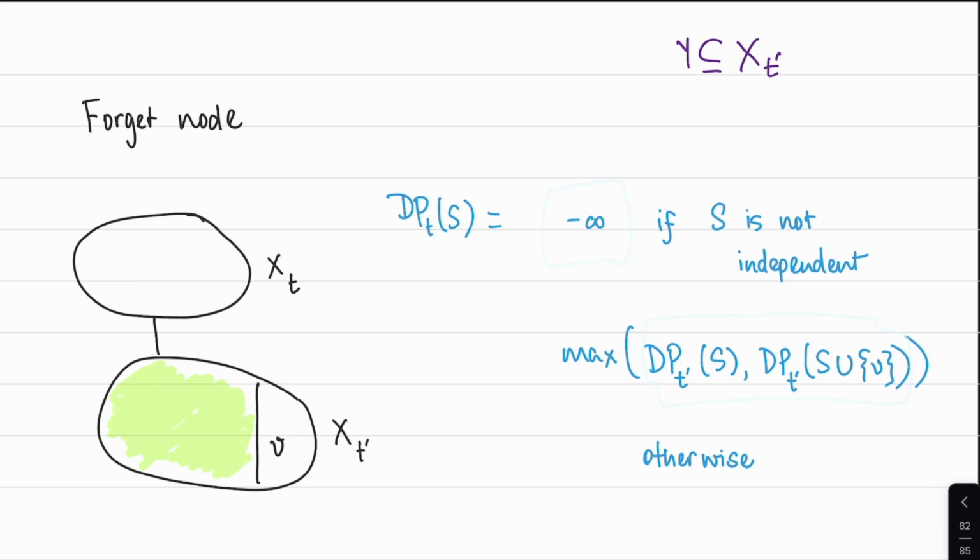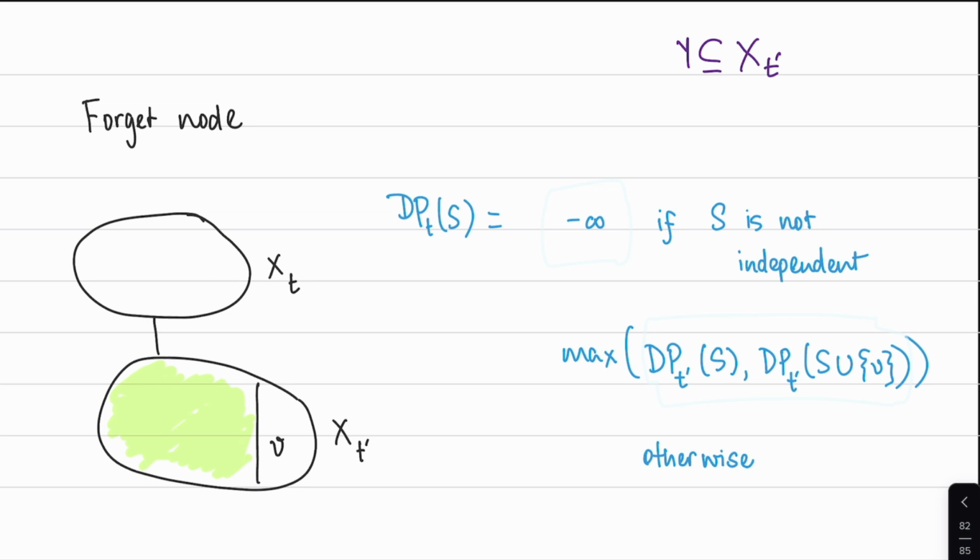By the way, notice that in a nice 3D composition, a vertex V is forgotten at exactly one node, although it may be introduced at several nodes. Imagine how the vertex coherence property works. So if you imagine vertex coherence on a nice 3D composition, you're going to see that the subtree that's formed by all the bags that contain a particular vertex V is going to have exactly one vertex that is closest to the root.